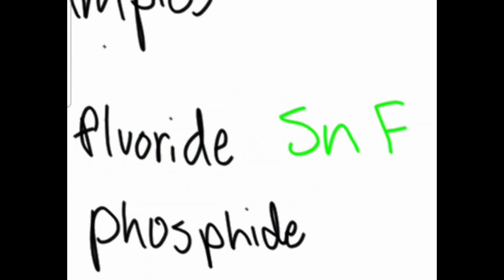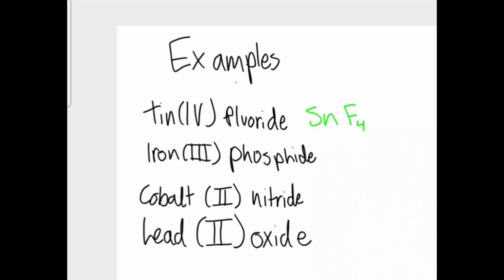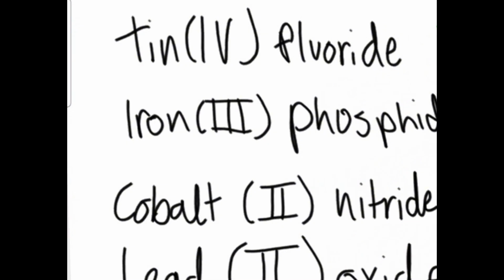Okay, so we know tin is Sn. And we know fluoride or fluorine is F. Now, because there's a 4 tin charge and a 1 fluorine charge, they're going to switch. So now fluorine will get the 4 and Sn will get 1. On to the next one.